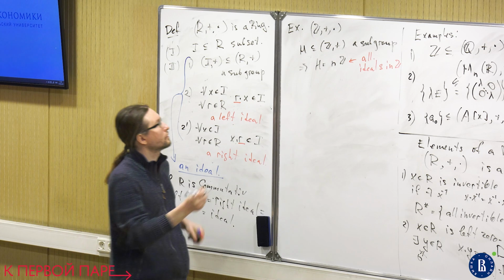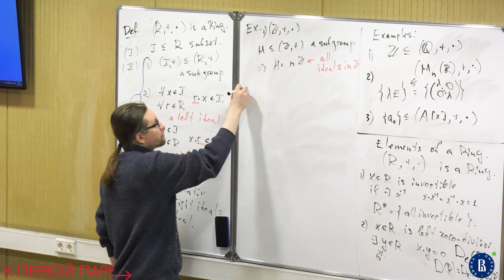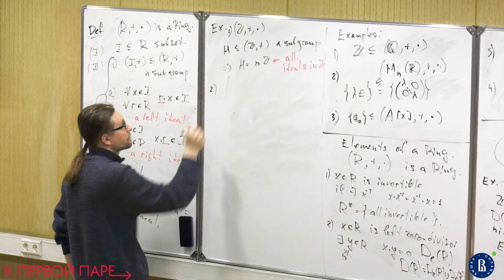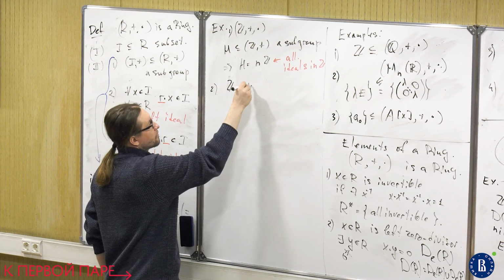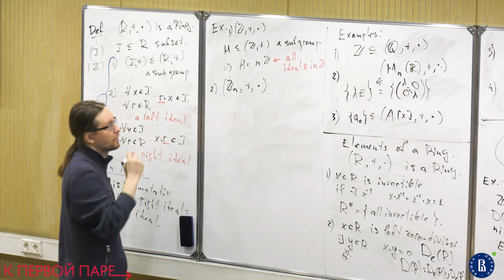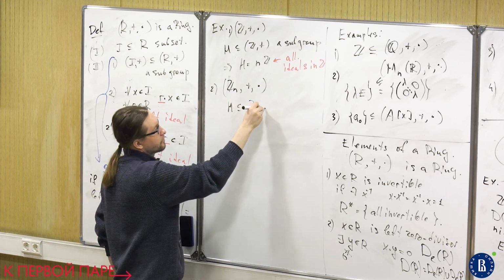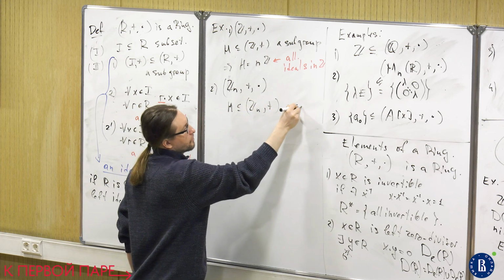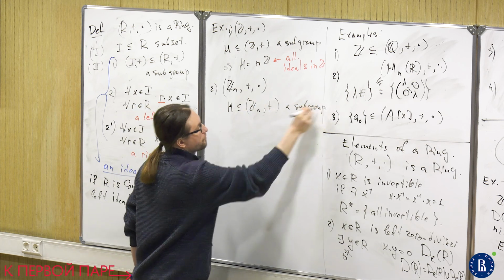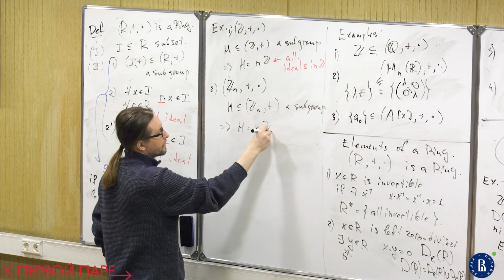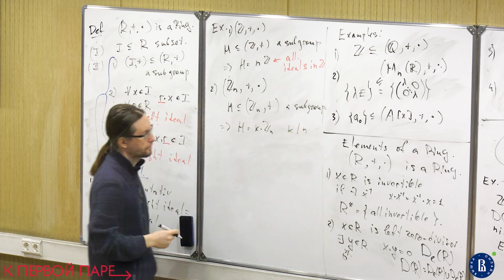Another example is Zn with addition and multiplication. We know that if H is a subgroup, then H is of the form k times Zn, where k divides n.